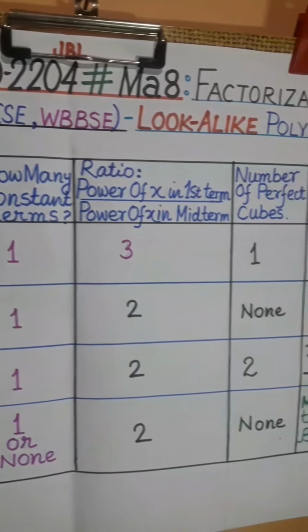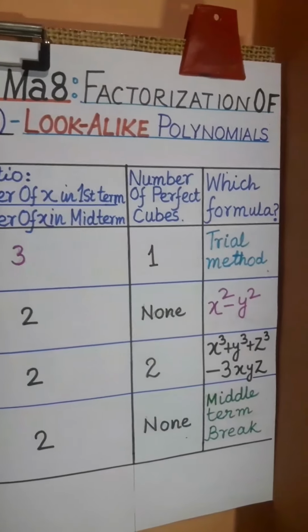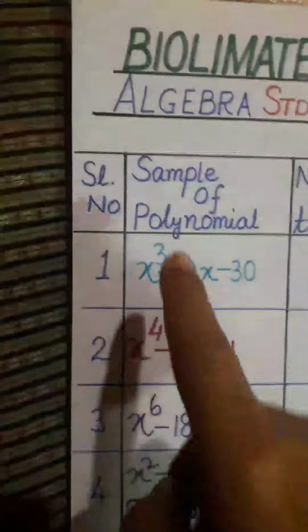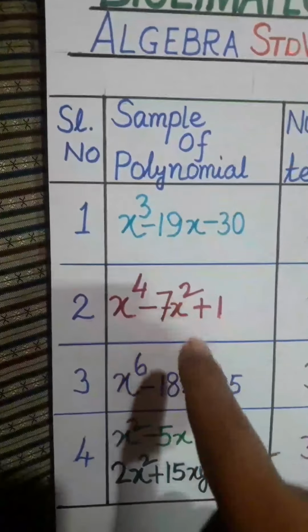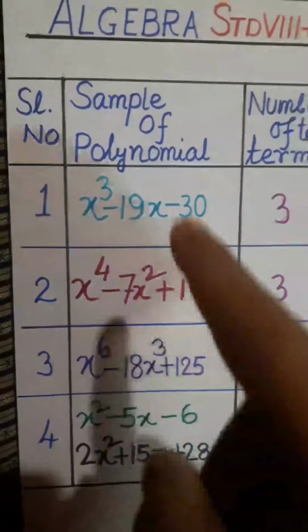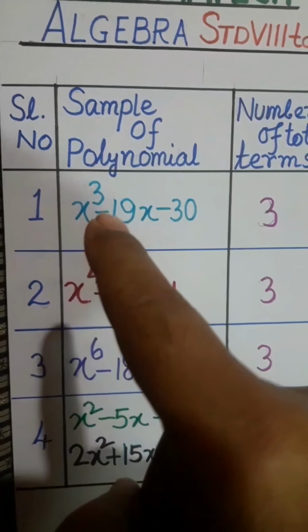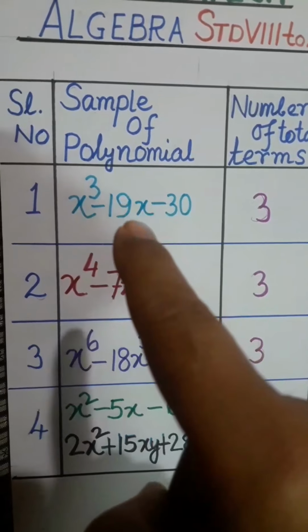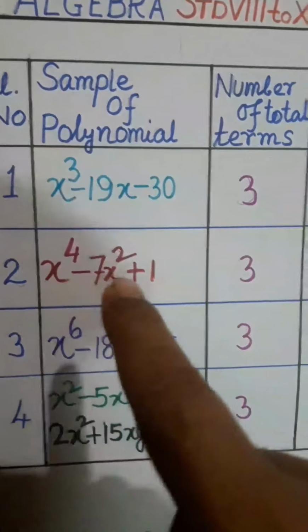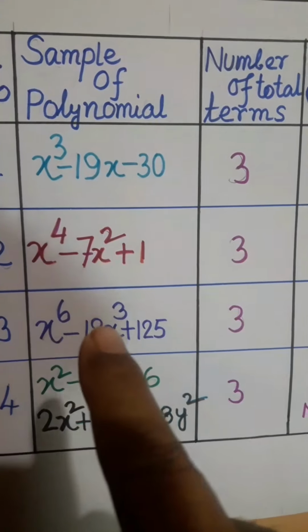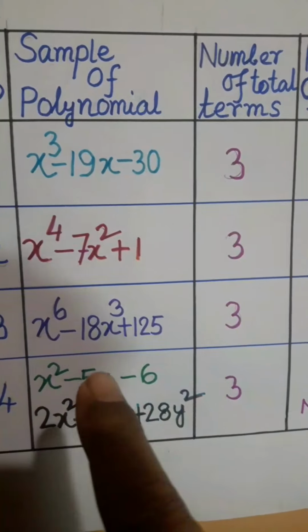We start by taking up 4 polynomials as samples. The first sample is a polynomial containing 3 terms. The second sample is also a polynomial containing 3 terms. The third is also 3 terms, and the fourth is also 3 terms.